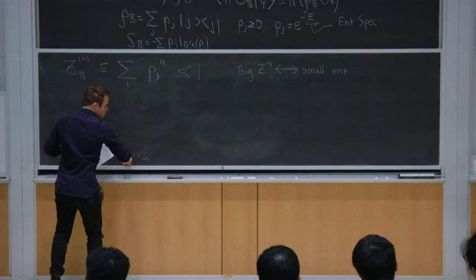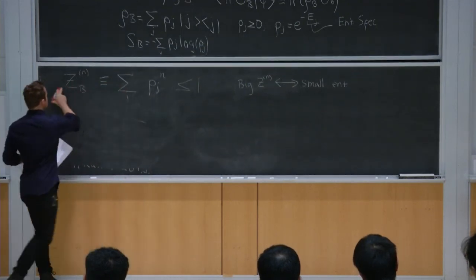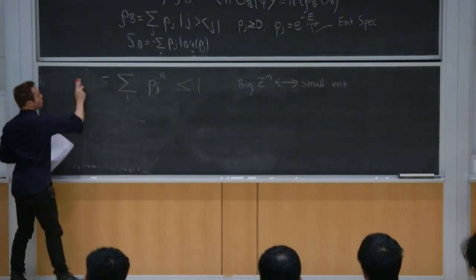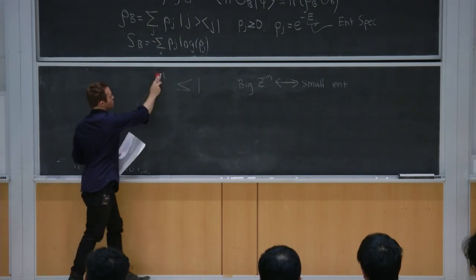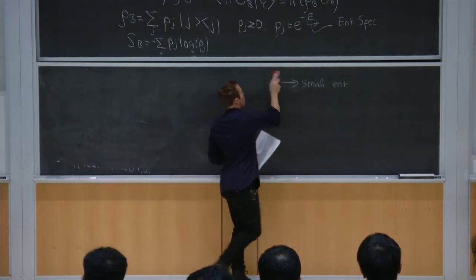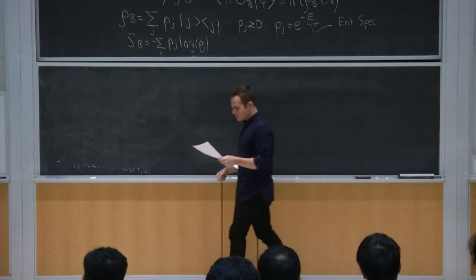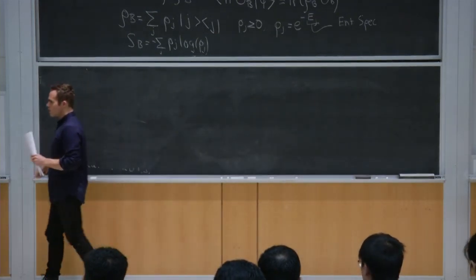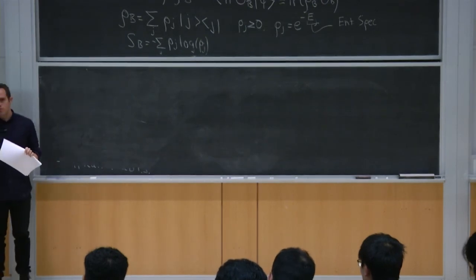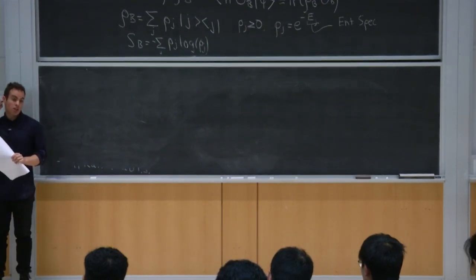OK, so I don't actually want to discuss what the DMRG algorithm is. But I want to give a succinct definition of it in terms of entanglement properties. So DMRG is a variational method, so I need to tell you what the variational class is.